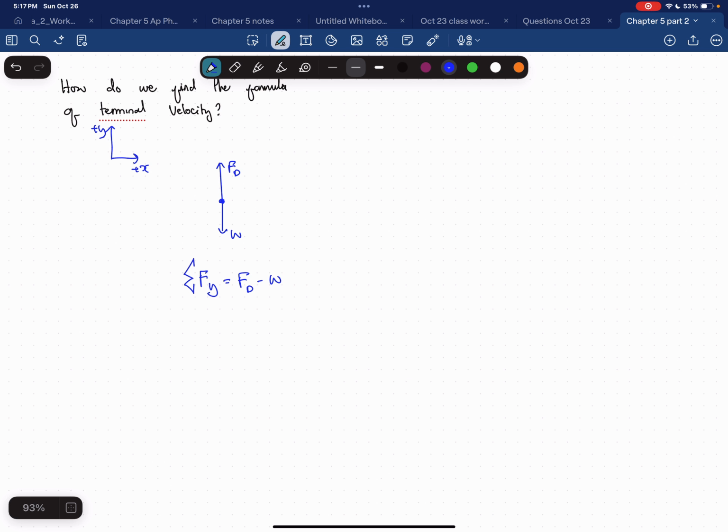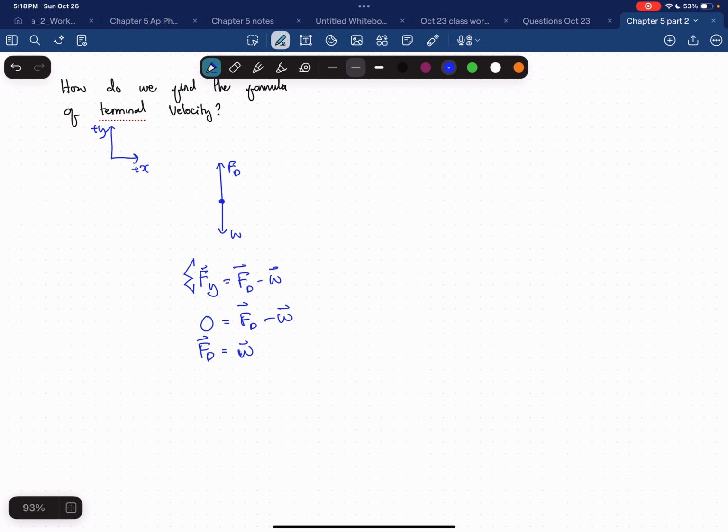Because I'm positive with the drag and negative with the weight. And because I'm at terminal velocity, you remember our skydiver, it's only going to accelerate until I reach terminal velocity. I know in the y direction I'm not accelerating, so the sum of forces is going to be equal to 0.